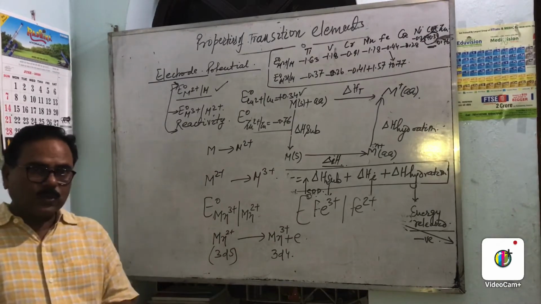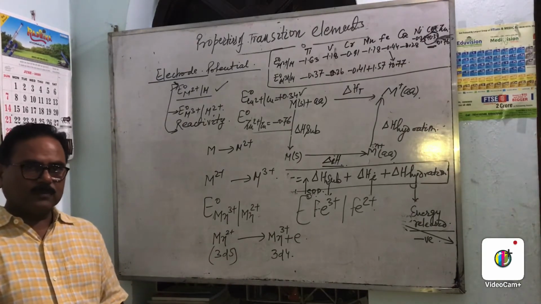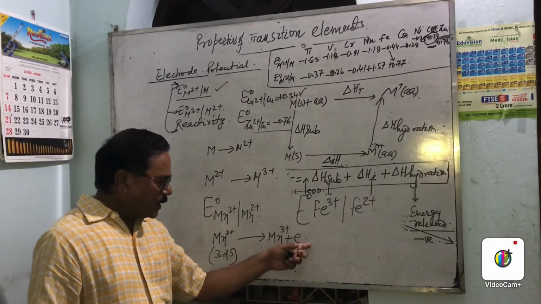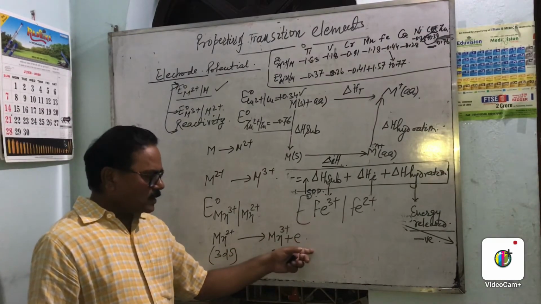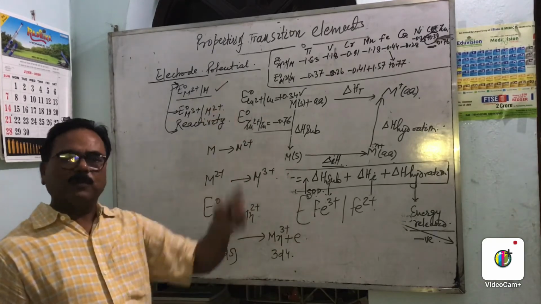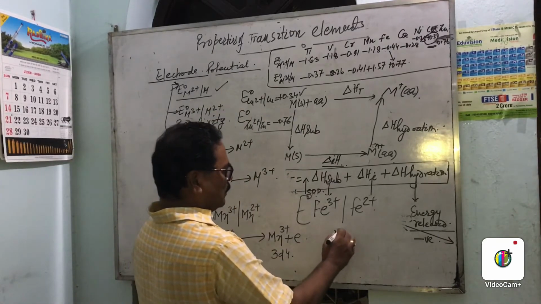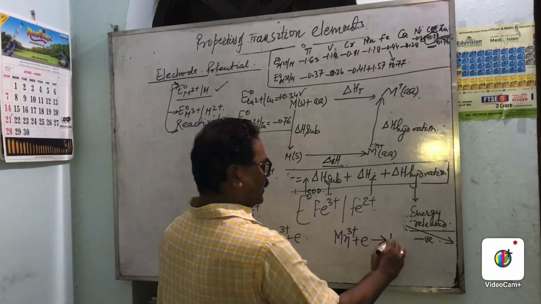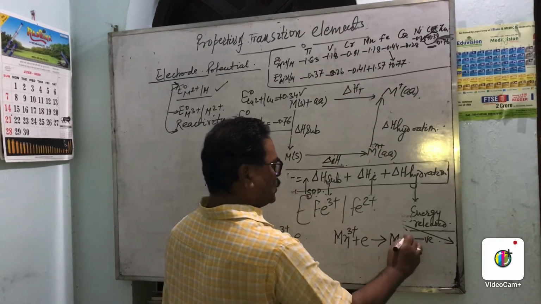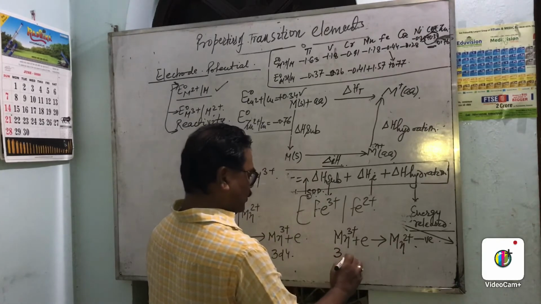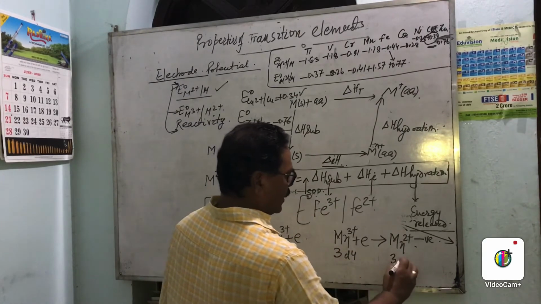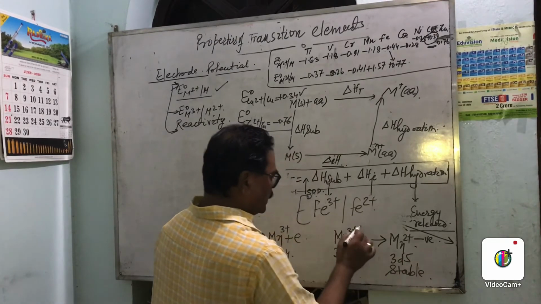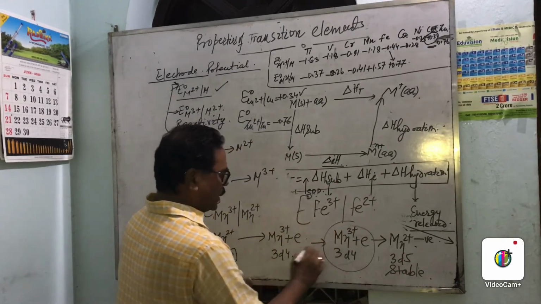It doesn't want to lose electron, right? So its SOP is less and the SRP will be higher. It means this Mn3+ will take up electron and get reduced to Mn2+. This is 3d4 and this is 3d5, and this one is stable. So this process is going on, reduction.